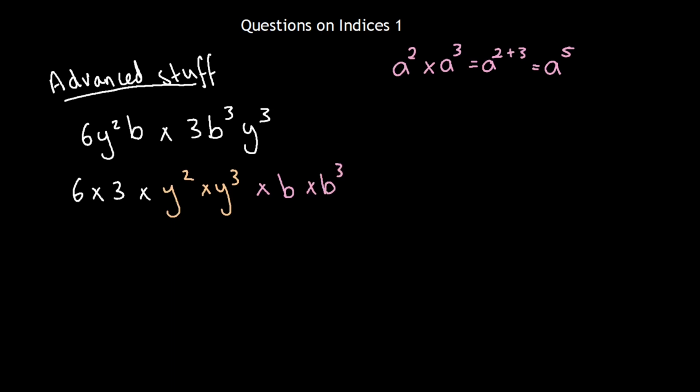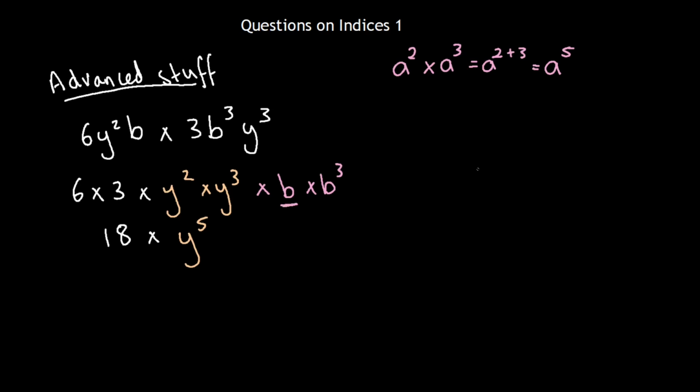So I know what you're probably thinking, but I'm going to get to that in just a second. So here we have 18 times, here we use the addition law and we can add the indices, so that'll be y, 2 plus 3 is 5. Now, the b's here, this first b here, does not have a power. So what do we add? What do we do?